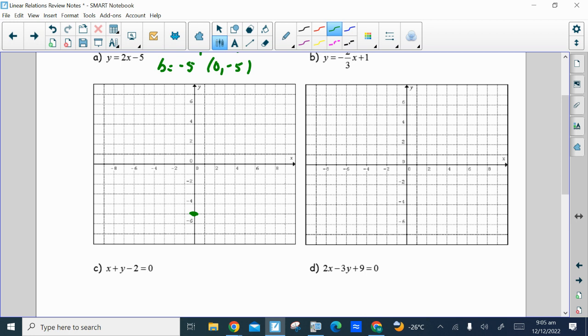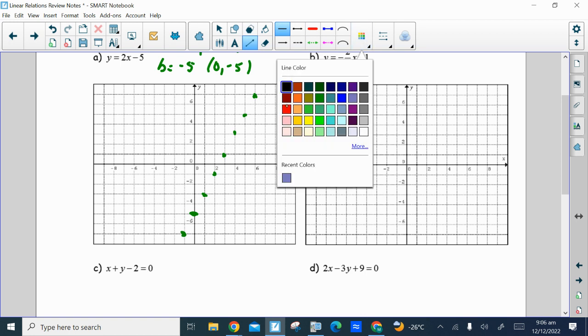And then we apply our slope. Our slope is 2 or 2 over 1. We can rise 2 and run 1, and continue that pattern. Or we could rise negative 2 and run negative 1, which goes down 2 and 1 to the left. All those points line up so we can draw our line going through.